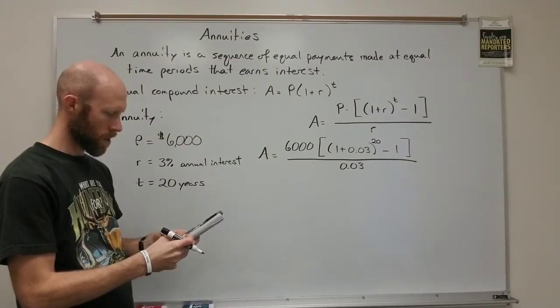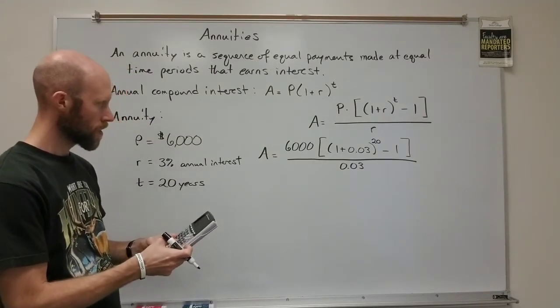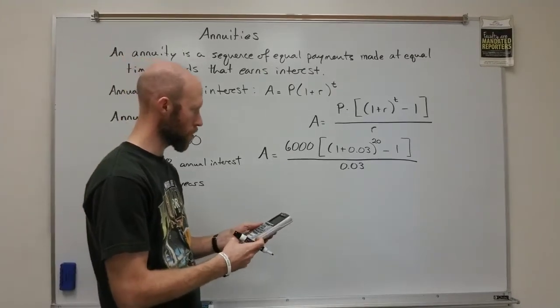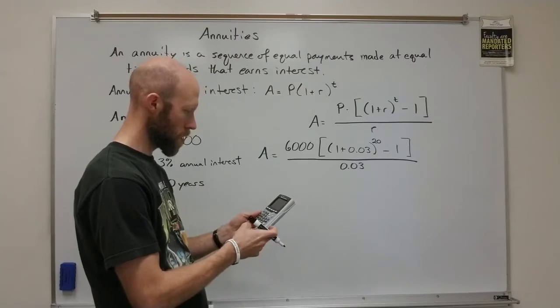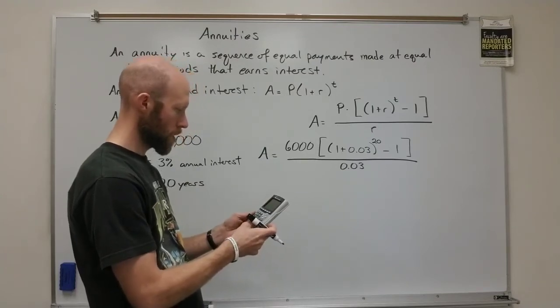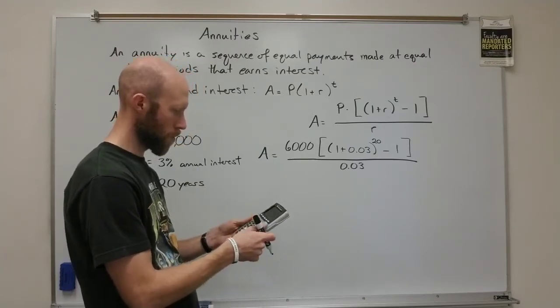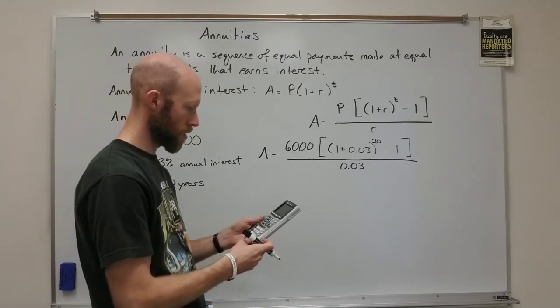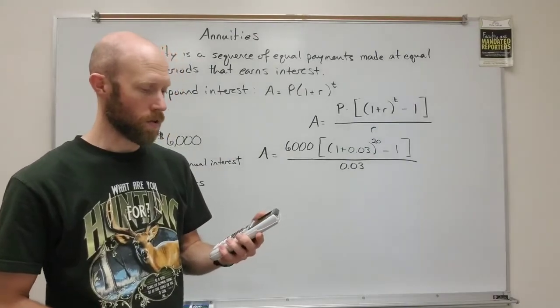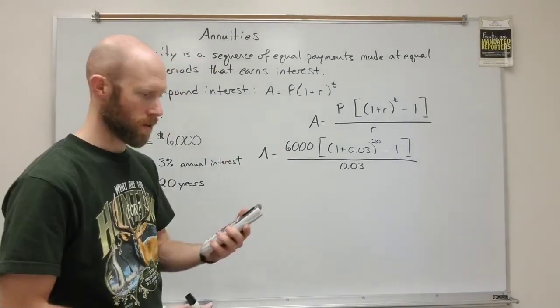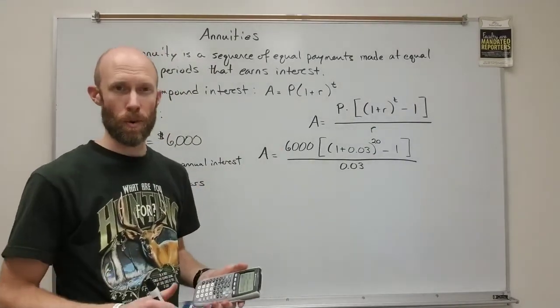You get 6,000 times, and I'm going to use a couple sets of parentheses, 1 plus 0.03 raised to the 20th power minus 1 parenthesis. Maybe I'll write this out rather than trying to show you the calculator, because it's not fitting in one line.